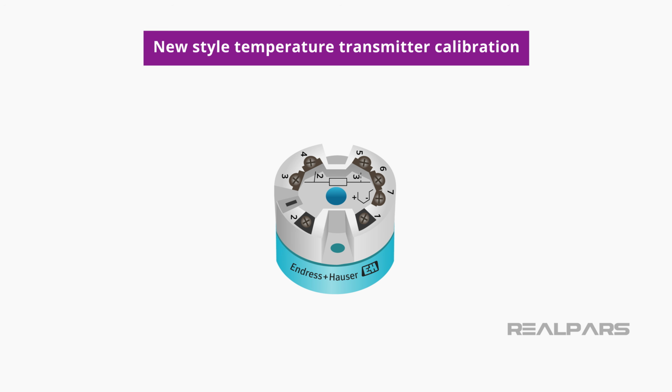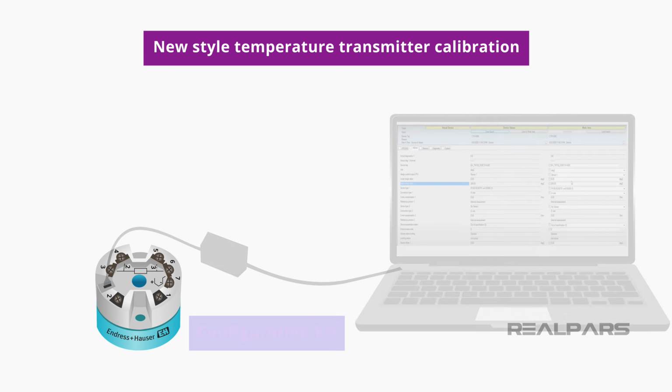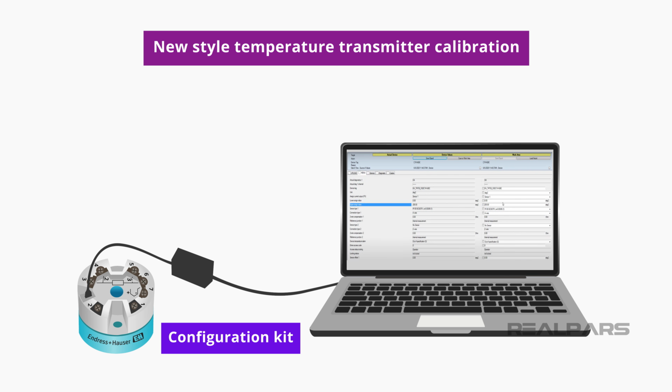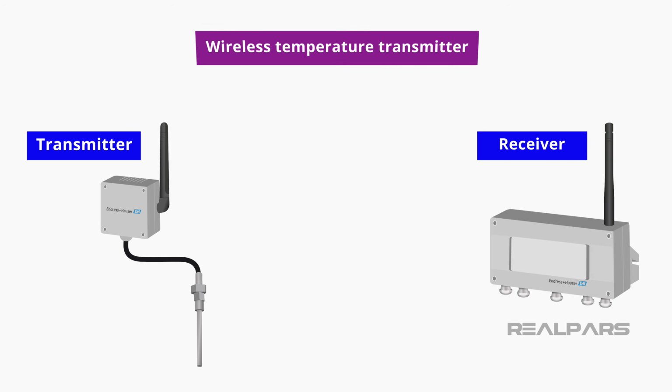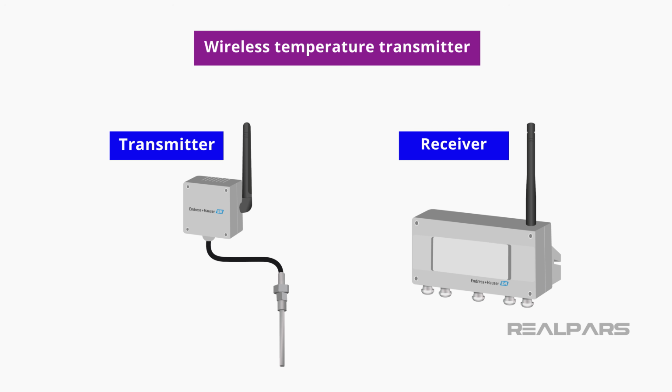Newer style temperature transmitters do not have external zero or span adjustments, but are programmed or calibrated using the software. The transmitter is connected to a computer via a serial USB connection. This video wouldn't be complete if we didn't talk about one of the newest trends in transmitters, the wireless transmitter.